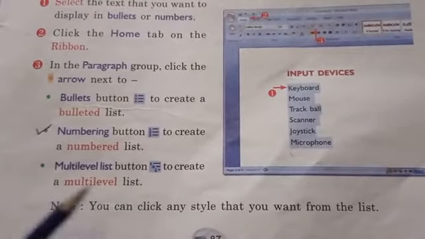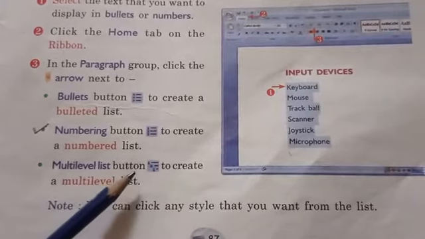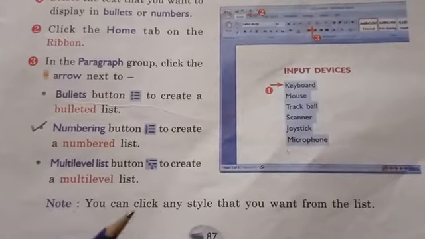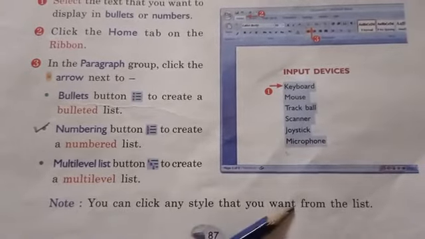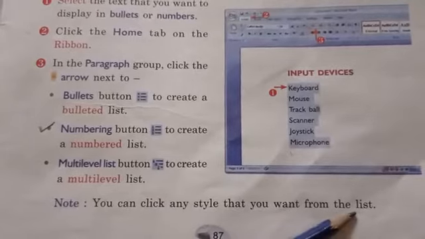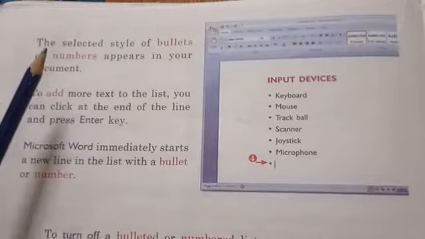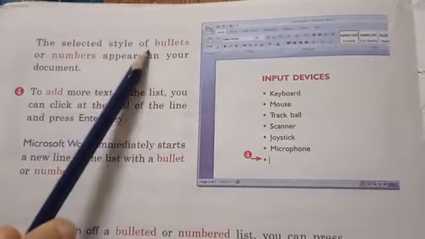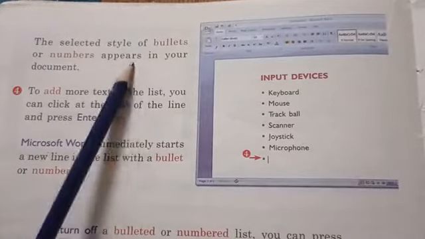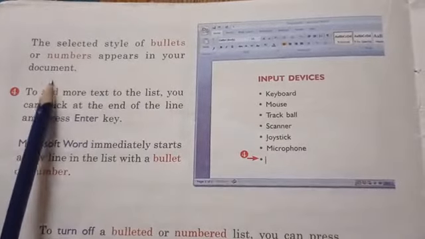We can create a multilevel list. Note, you can click any style that you want from the list. The selected style of bullets or numbers appears in your document.